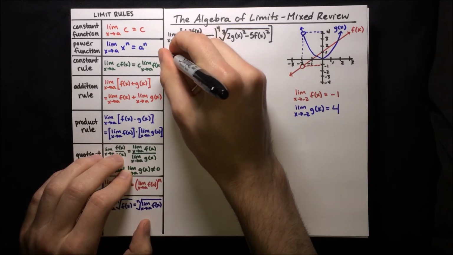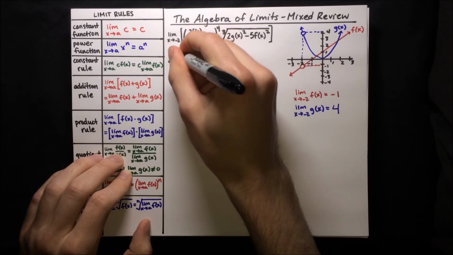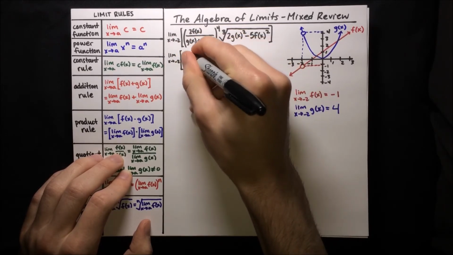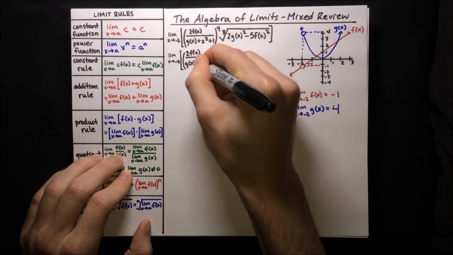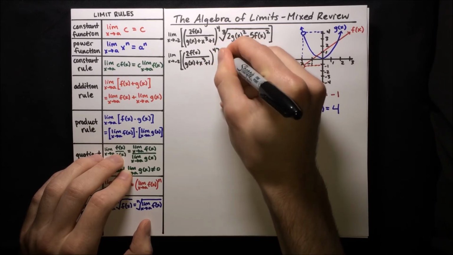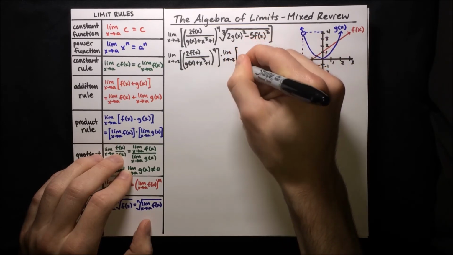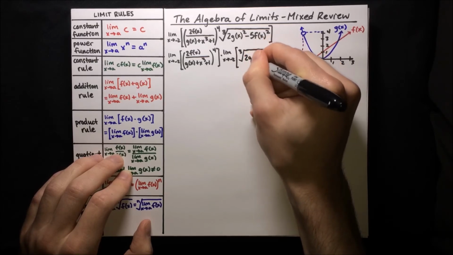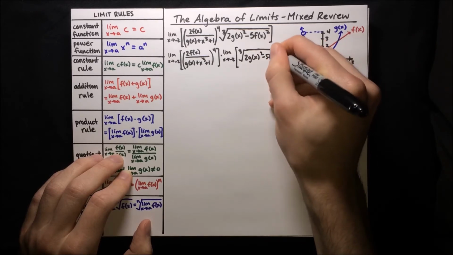So this becomes the limit as x approaches negative 2 of that first term, 2f of x over g of x plus x to the 3rd plus 1, to the 4th power, times the limit as x approaches negative 2 of that cube root term, the cube root of 2g of x squared minus 5f of x squared.